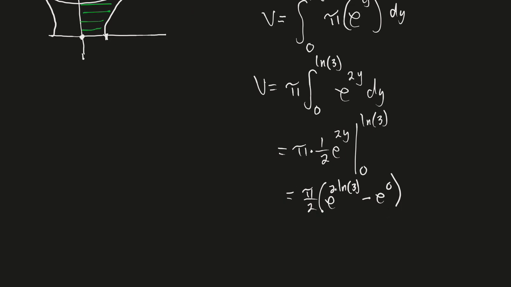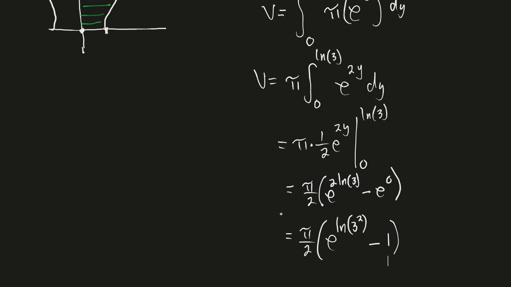In order to simplify when we evaluate it at the upper limit, we first have to apply the properties of logs and take that 2 and make it the exponent of the 3. So it's e to the ln of 3 squared. And then of course we know e to the 0 is 1. And then, because the exponential function and the logarithmic function are inverses, I'm left with 3 squared, which is 9.